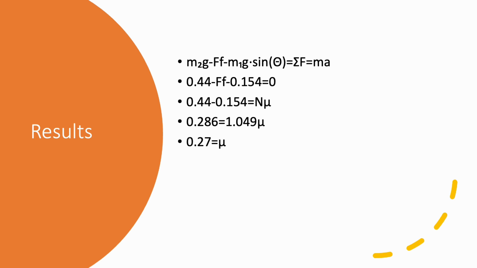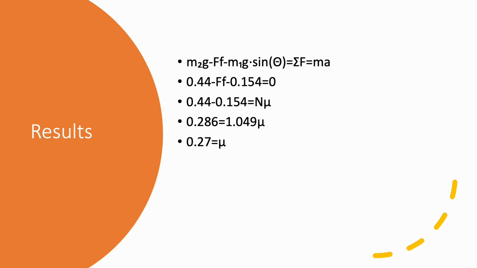We subtracted the force of friction, F of F, and m1g sine theta, which are both going against the motion. We set all that equal to the net force, which is always mass times acceleration. So we put in m2g, 0.44. We didn't put in anything for the force of friction because that's what we're trying to find.